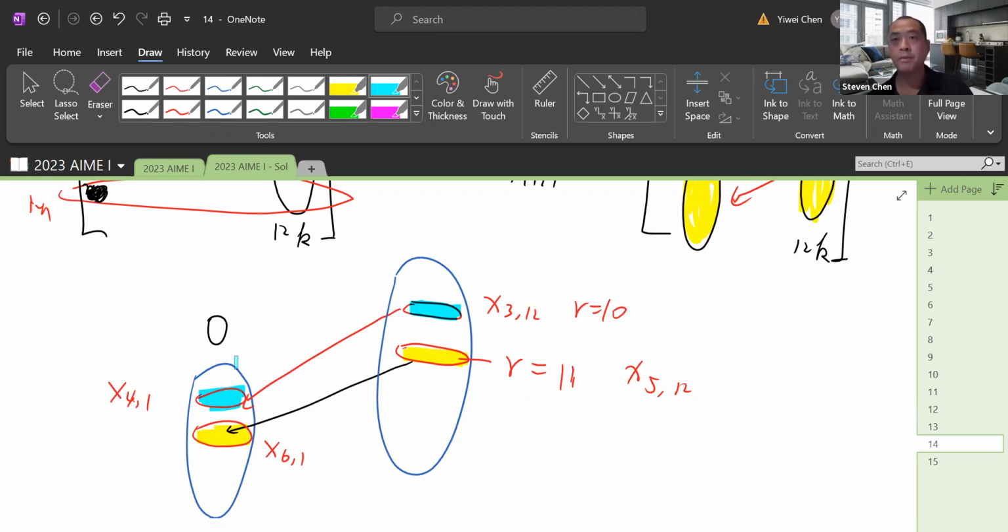Again, we follow the same argument. Suppose its value is increased by 1. Because the blue one on the right has remainder 10, if its value is increased by 1, then in the left column the blue circle has the remainder 11 divided by 12. But recall that the yellow circle has remainder 11. So then we get two numbers with the same remainders. So this violates the rule that it's a permutation, right?